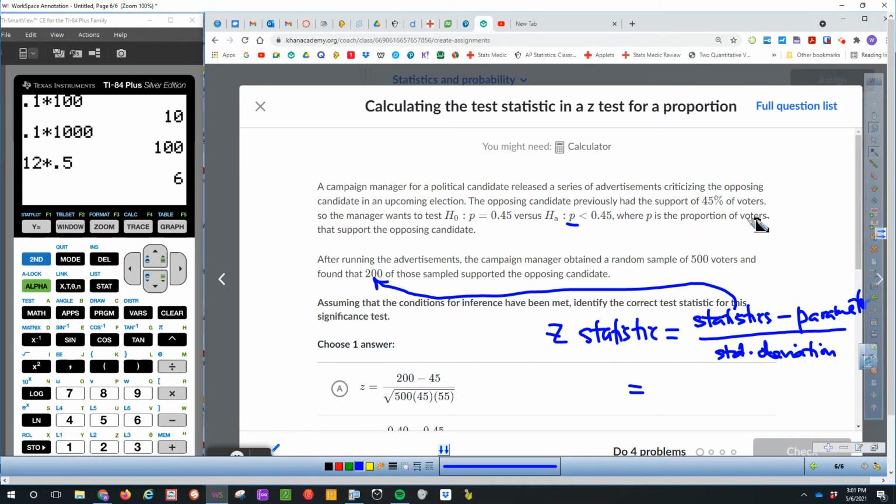Where p is the proportion of voters that support the opposing candidate. After running the advertisements, the campaign manager obtained a random sample of 500 voters and found that 200 of those sampled supported the opposing candidate.